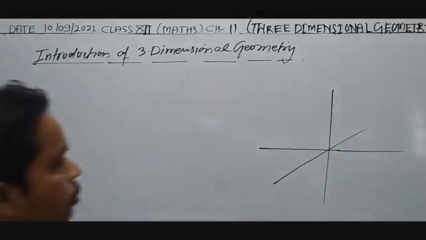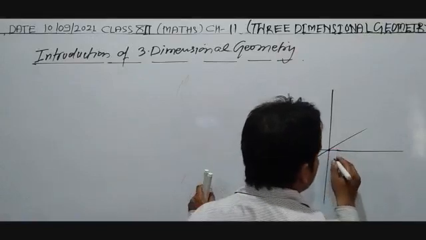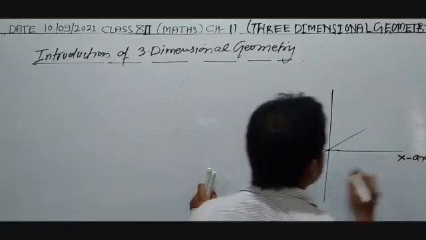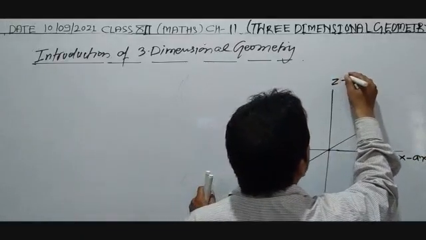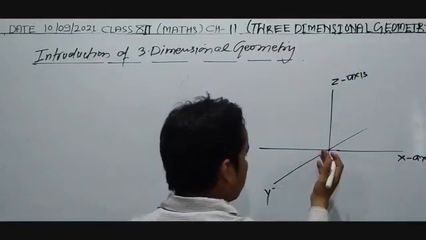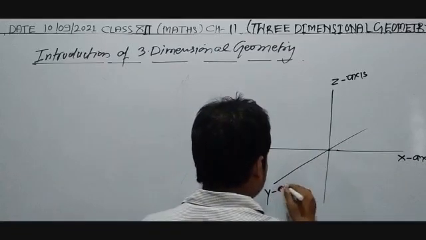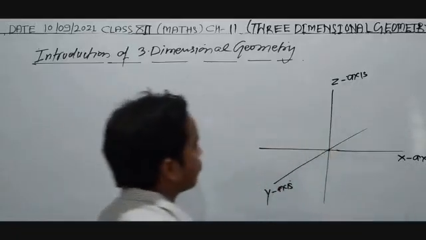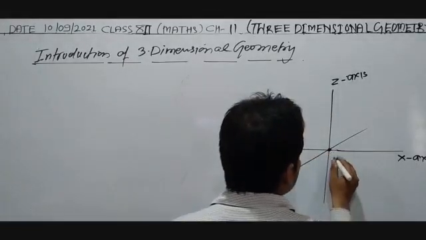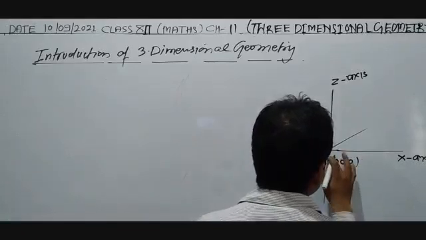These 8 parts are known as octants. Now the horizontal line you will consider the x-axis, the vertical line you will consider the y-axis, and the line perpendicular to the board is the z-axis. The intersection point of the x, y and z-axis is the origin in three-dimensional space.